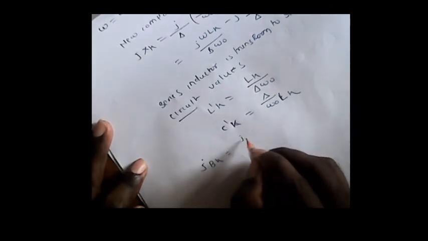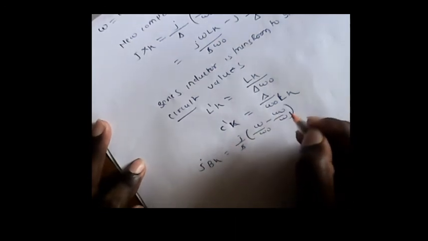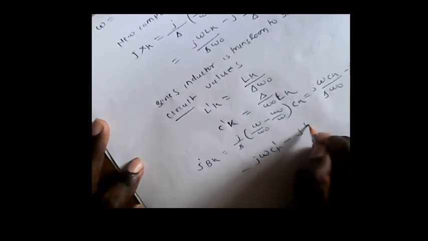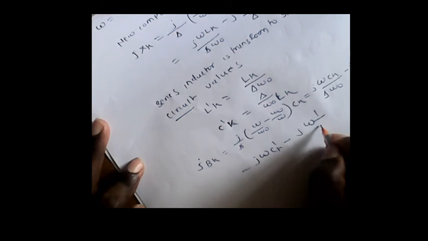Similarly, for the shunt susceptance, that is Bk, with j delta, omega by omega 0 minus omega 0 by omega, into Ck. So j omega Ck divided by delta omega 0 minus j omega 0 Ck divided by delta omega, which is converted into j omega Ck dash and j omega Lk dash.